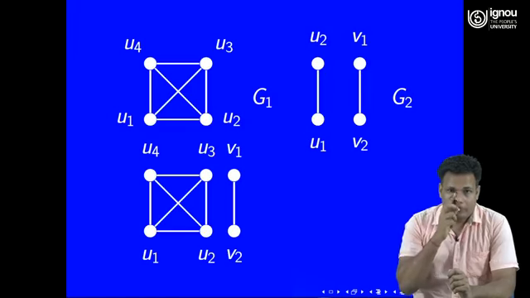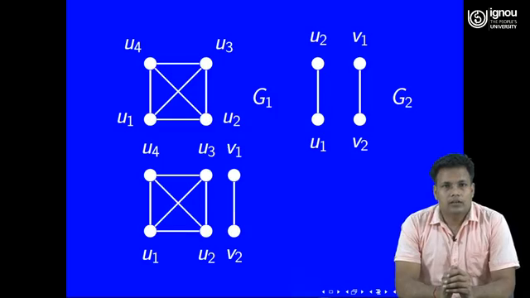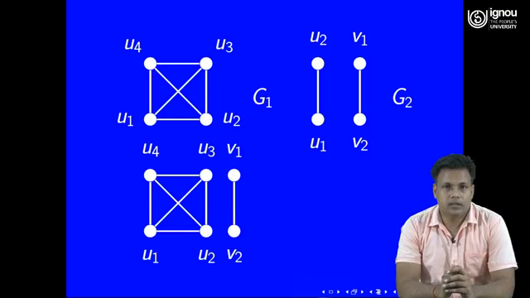For example, let's look at the graphs G1 and G2 shown here. The graph G1 has 4 vertices U1, U2, U3 and U4, each of which is adjacent to every other, and the graph G2 also has 4 vertices, namely U1, U2 and V1, V2. But there are only 2 edges in G2, U1U2 and V1V2.